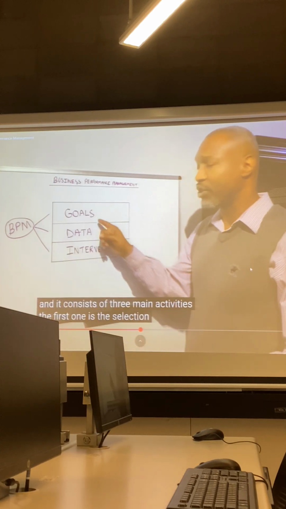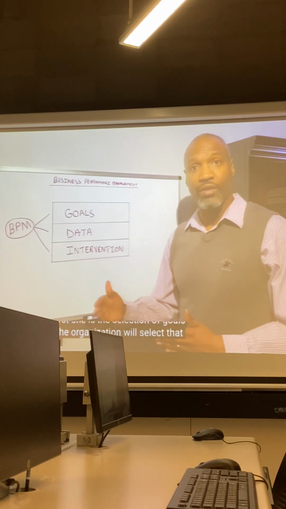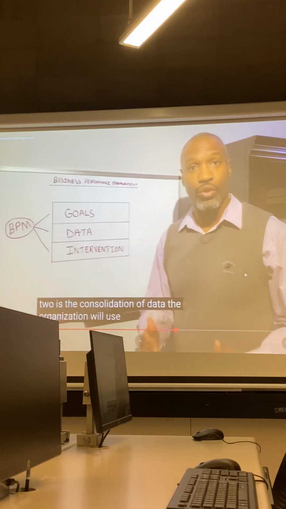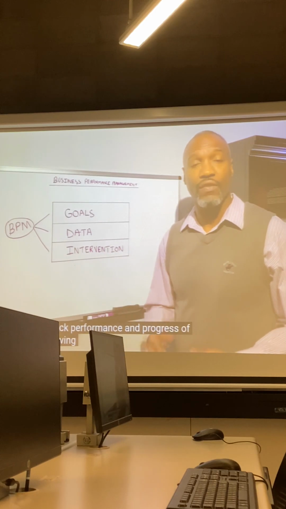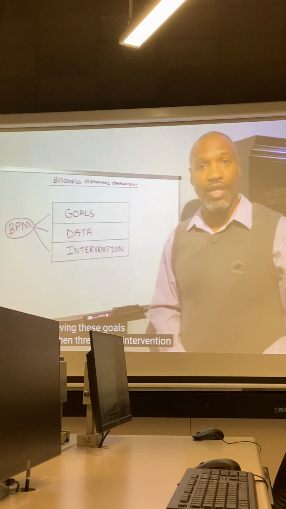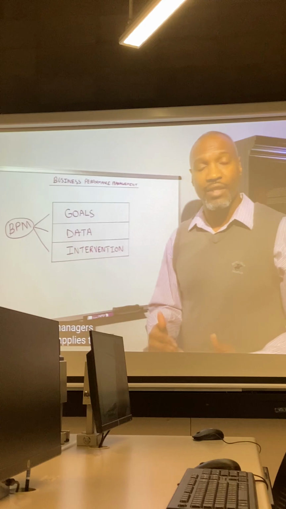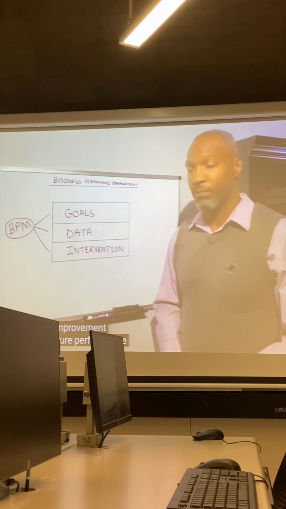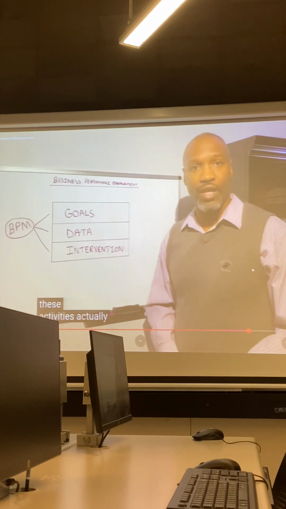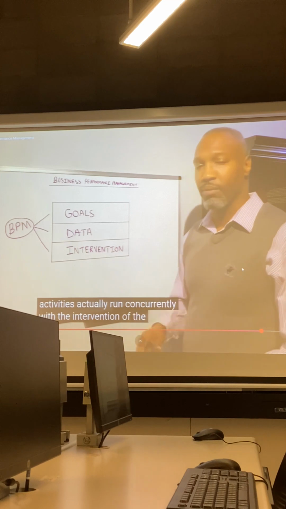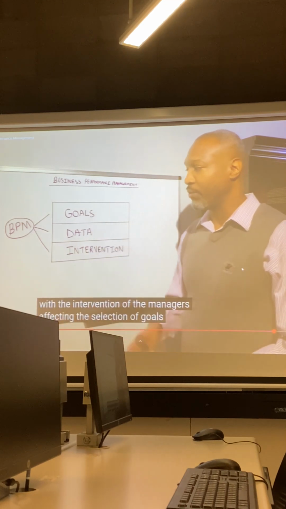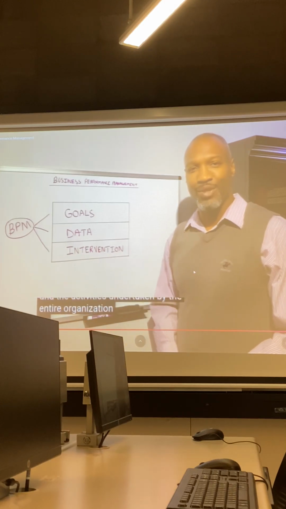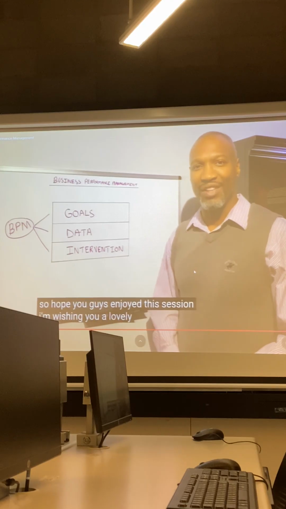The first is the selection of goals that an organization will select that are in alignment with the organization's vision. Two is the consolidation of data the organization will use to track performance and progress in achieving these goals. Three is the intervention of managers as it applies to the data being reviewed so they can have a positive impact on the improvement of future performance. All three of these activities run concurrently, with the intervention of the managers affecting the selection of goals, the information being monitored, and the activities undertaken by the entire organization. I hope you enjoyed this session and wish you a lovely day.